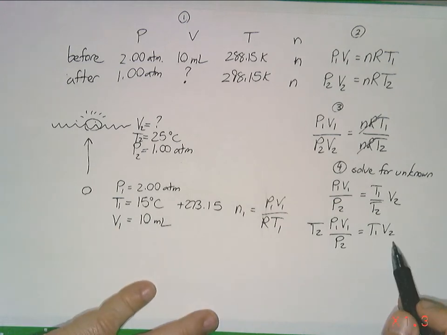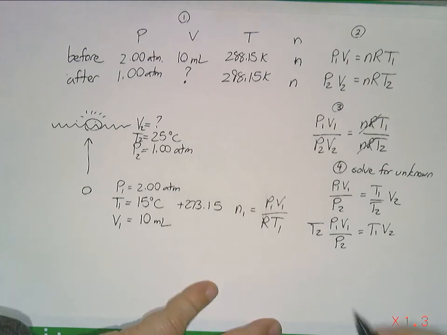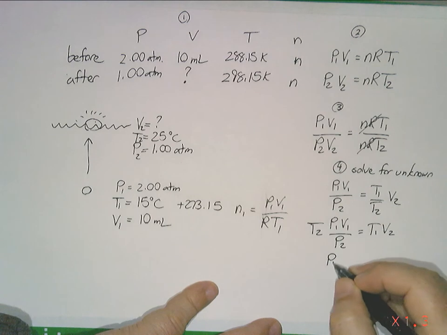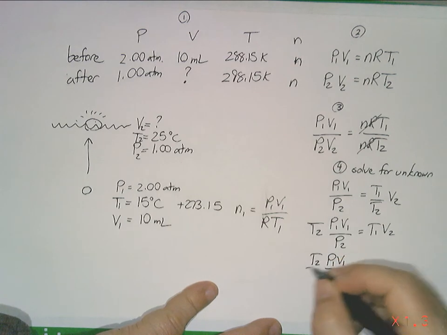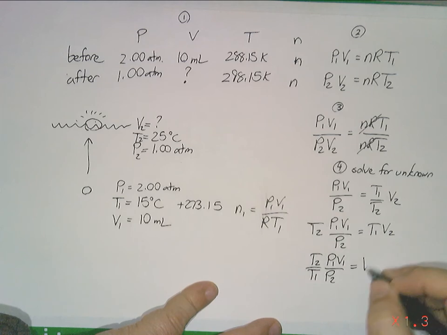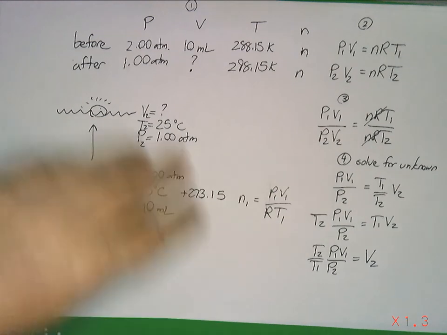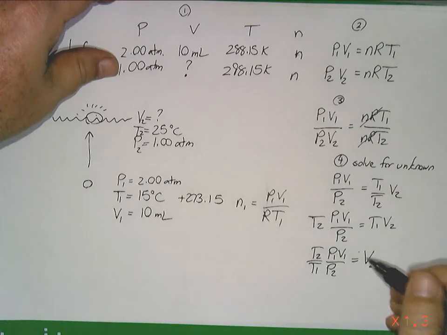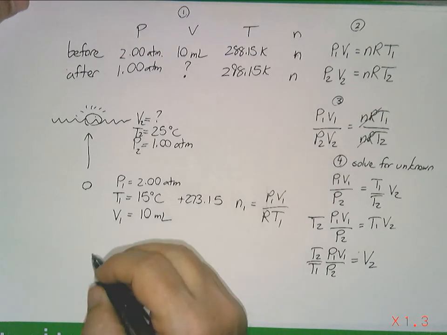I want the V2 all by itself, so what I'm going to do is divide both sides by T1. And now I have it. I have solved this equation for my unknown. Now all I have to do is plug the numbers in and grind out the answer. Let's do that over here.